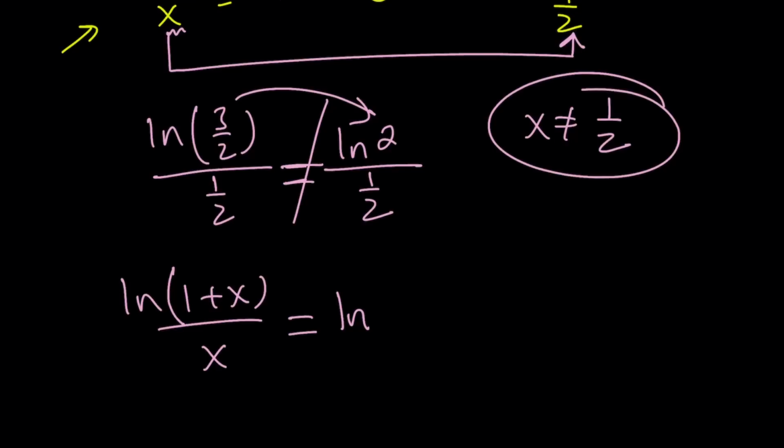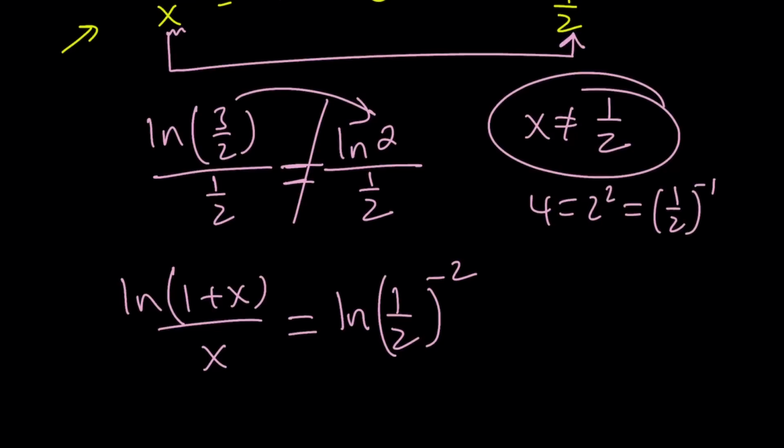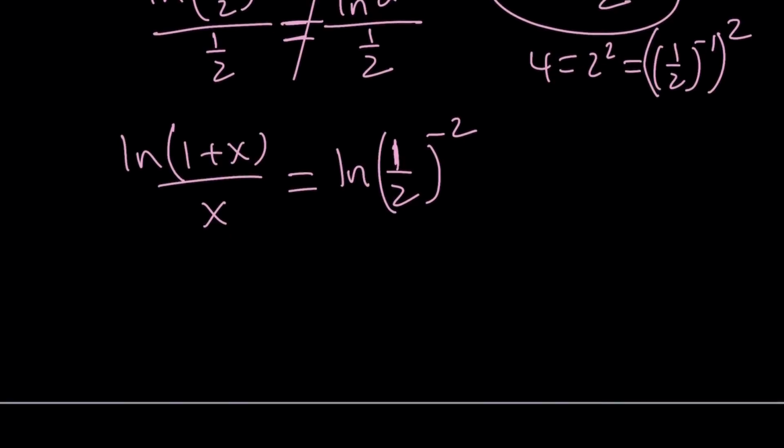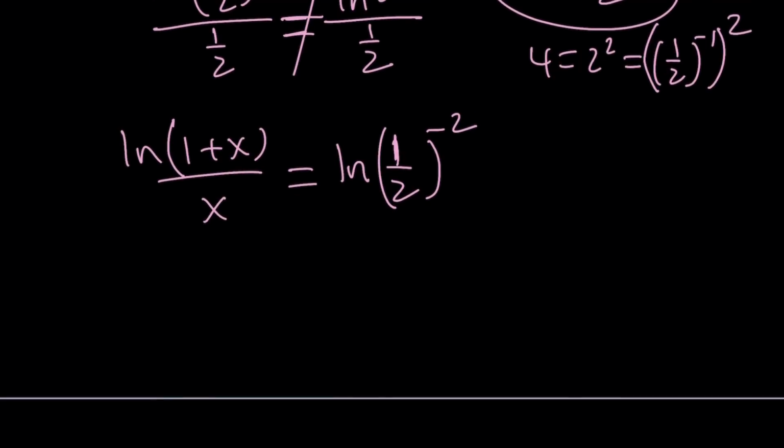But instead of 2 to the power 2, I want to write it as (1/2) to the power negative 2. Does this make sense? In other words, 4 is 2 squared, but 2 is (1/2) to the power negative 1. And then if you multiply the exponents, you get (1/2) to the power negative 2. So that's what the negative power does. And is this going to work? We don't know. Let's find out. Move the negative 2 to the front.